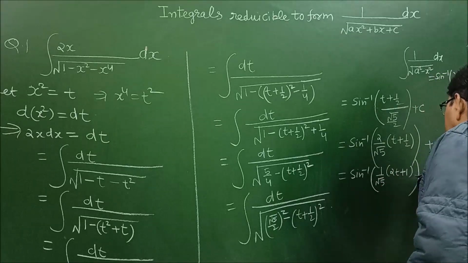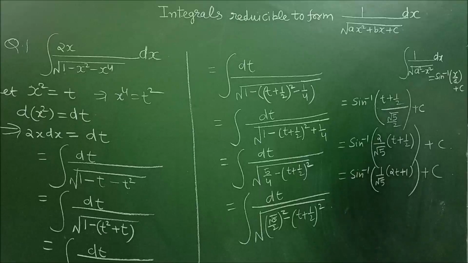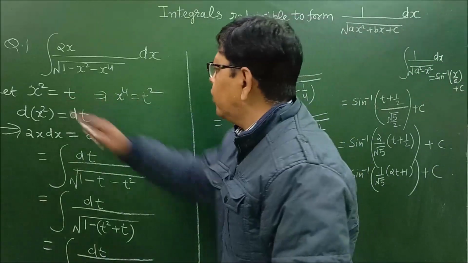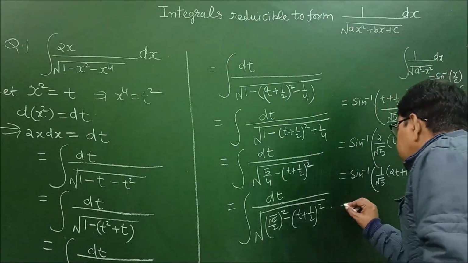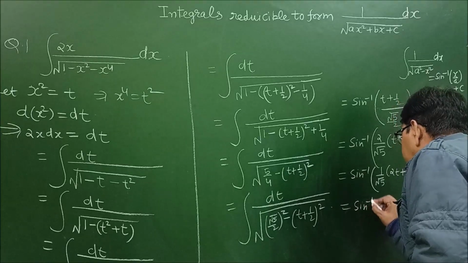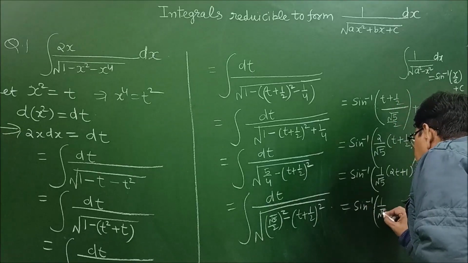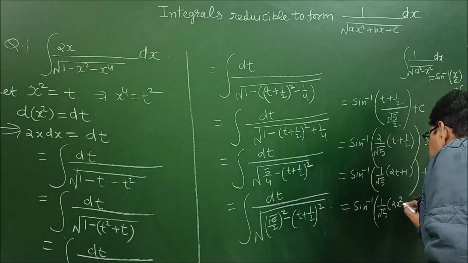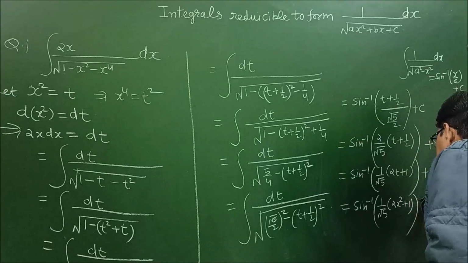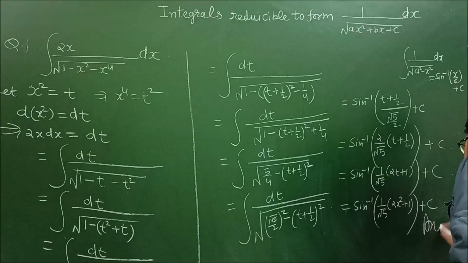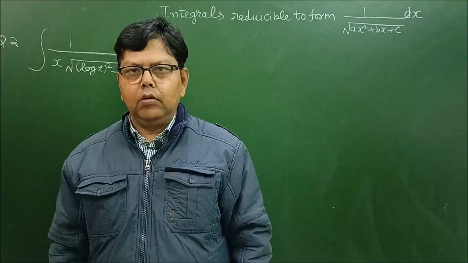Now putting the value of t, which is x square, the final answer is sine inverse of 1 upon root 5 into (2x square plus 1) plus c. So this is the final answer of the question.